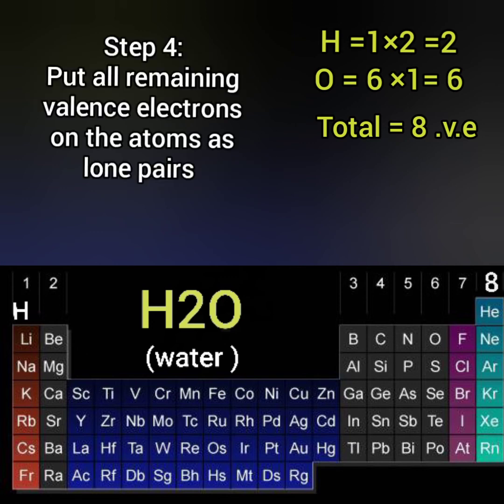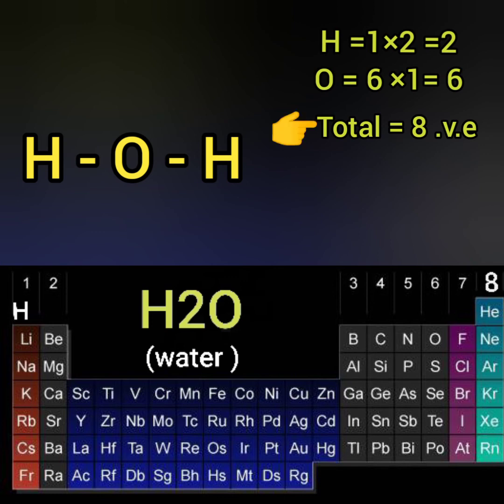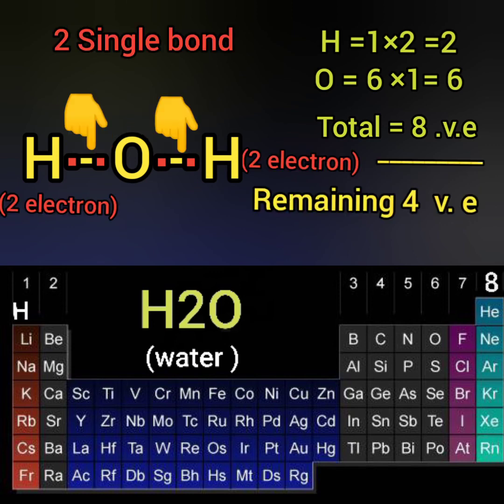Step 4. Put all remaining valence electrons on the atoms as lone pairs. For the water molecule, the total valence electrons is 8. We have used 4 electrons for the 2 single bonds. The remaining 4 electrons are here.